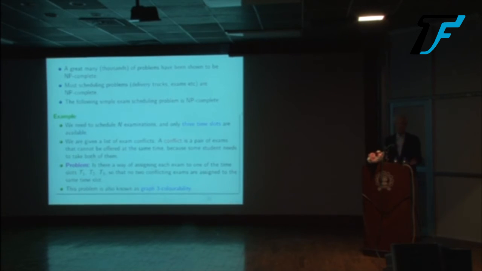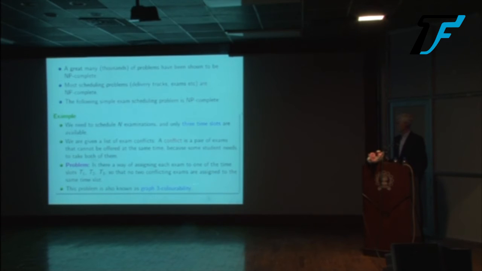You put an edge between a pair of exams if some student has to take both of them, and they can't be scheduled at the same time. The problem then is to assign time slots to every exam in such a way that there are no conflicts, if it exists. And part of the decision problem is that maybe there's no solution, so you must determine if there's a solution.